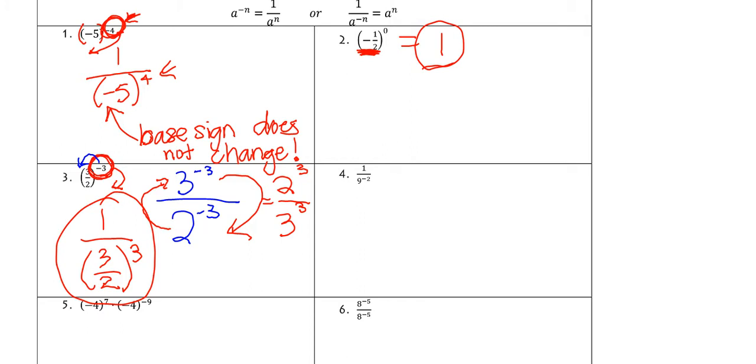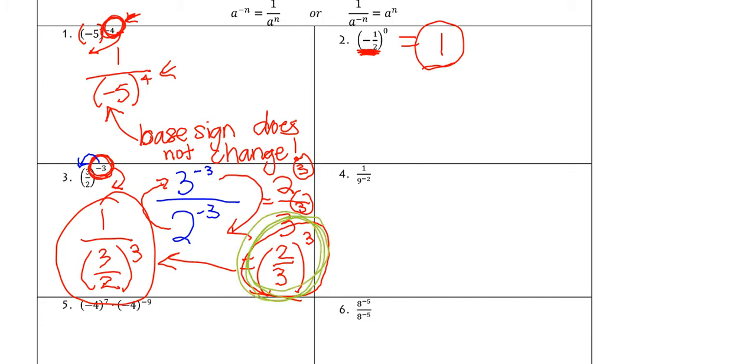Okay, and then just to make that look nice, we write 2/3, and since it's the same exponent, 3 and 3, we can raise that to the 3rd power. So that is how you should write it. Okay, this means the same thing, but this is how you'll want to write it from now on.